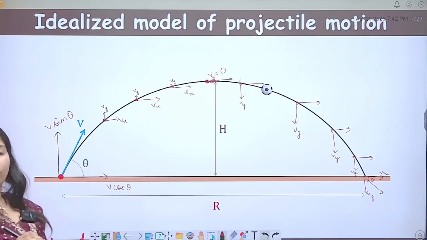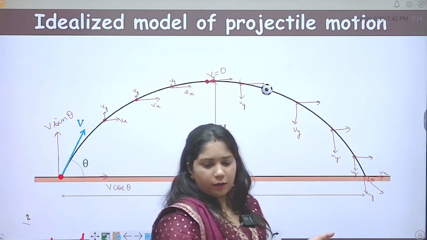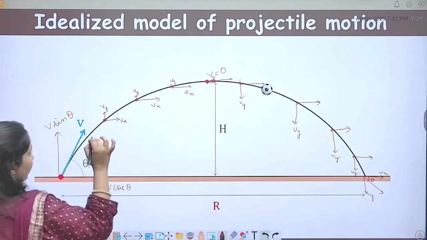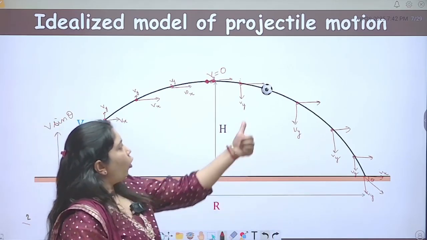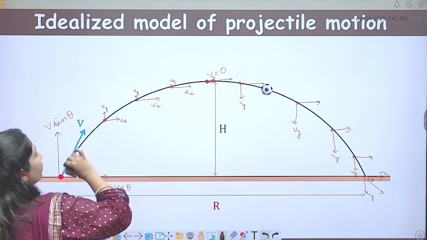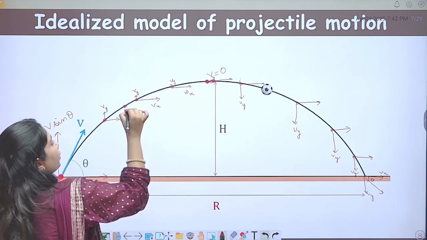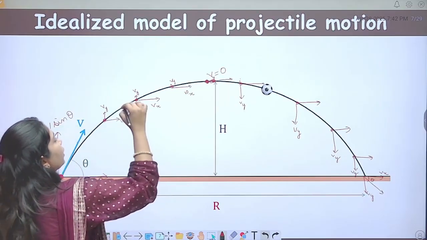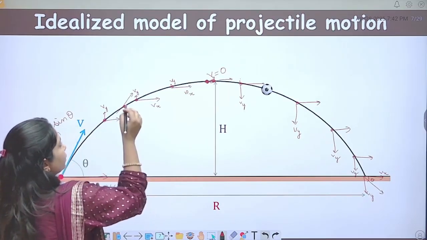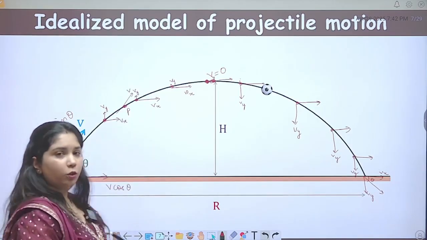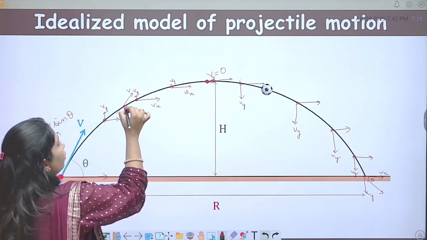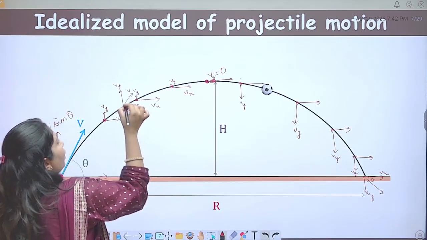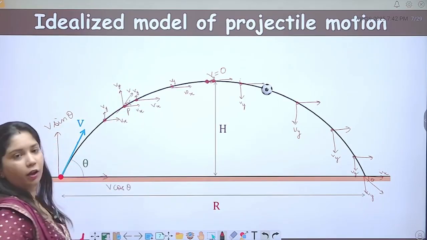Now if you want to find the velocity at any instant, how can you find it? Let us say the football reaches point P in some time t. The instantaneous velocity is the resolution of the vector, so here Vx and Vy make an angle alpha.